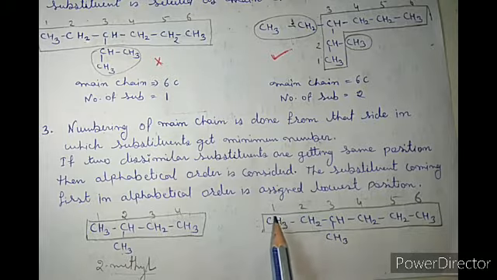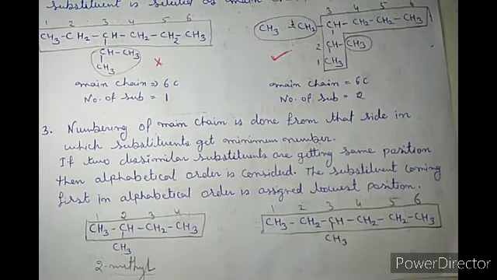That one. So the numbering is 1, 2, 3. Got it? Understand? We start the numbering from that side from which the substituent gets minimum number. Got it? Understand or not?